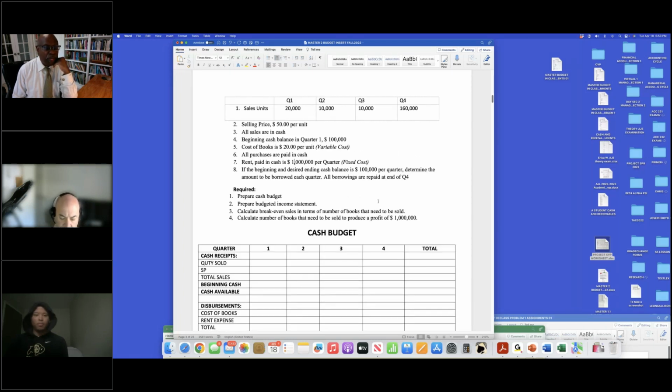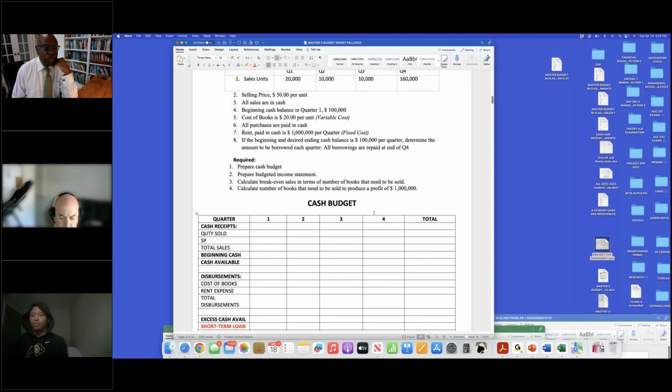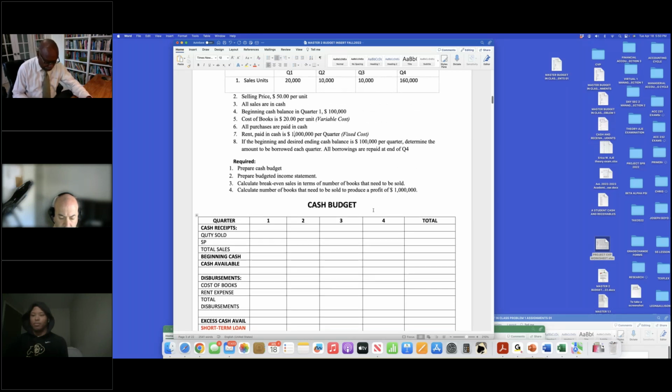In the first quarter, we're selling 20,000 units. Selling price is $50 a unit. So 20,000 times 50 is how much in sales? $1 million.